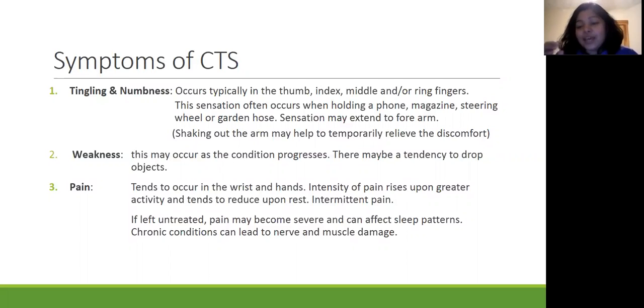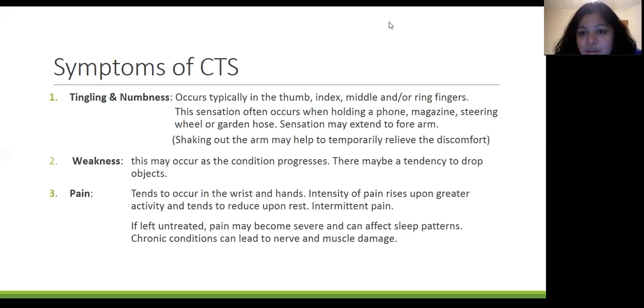However, if there's too much of movement of vata, including too much of movement of the mind, then it's very hard for it to calm down and for it to retract away from its stimuli, and it's very hard for the person to fall asleep. Okay? So in the more chronic conditions, it may affect sleep patterns, and it can also lead to, of course, nerve and muscle damage.